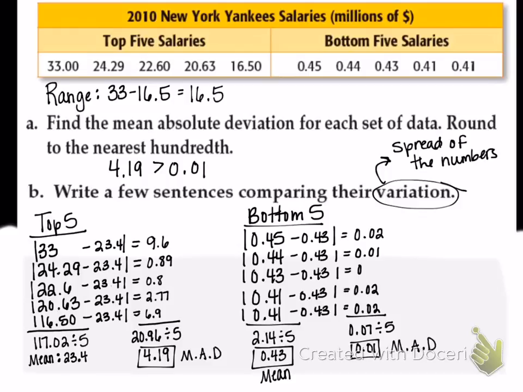If we were to take the range of the bottom 5, we would take 0.45 and subtract 0.41, and that is 0.04. This helps to support our conclusion that the variation of the bottom 5 salaries is much smaller and the numbers are much closer together.